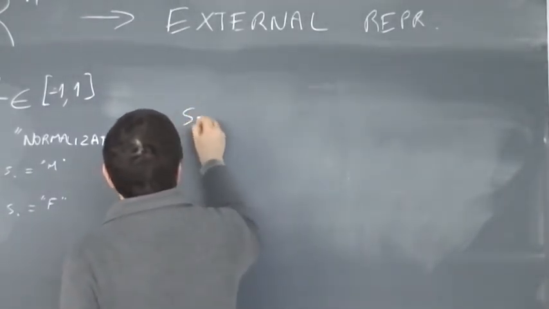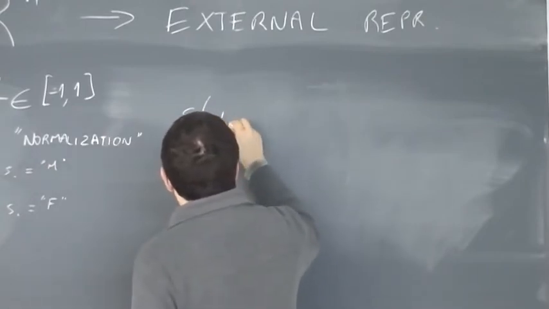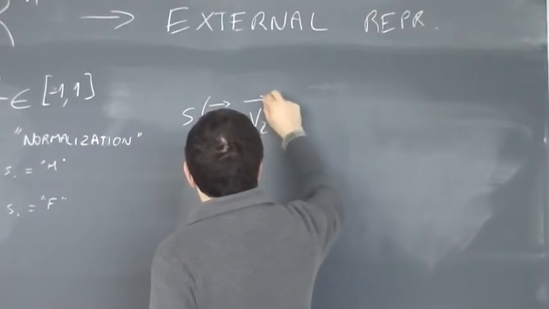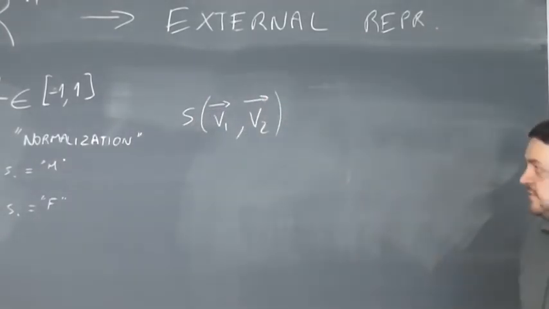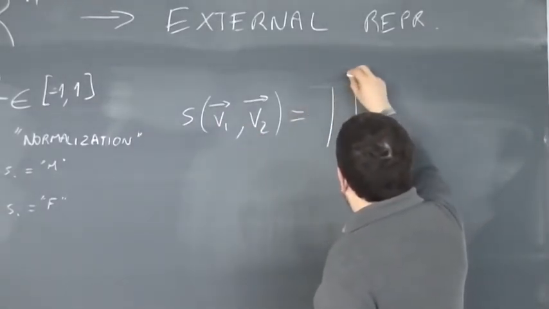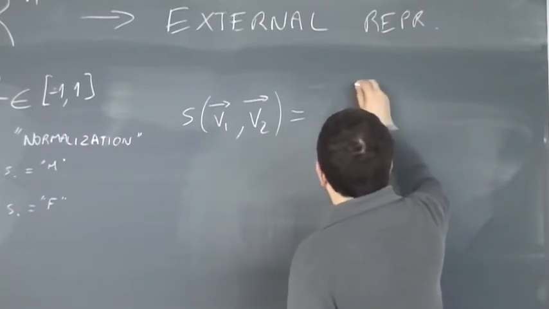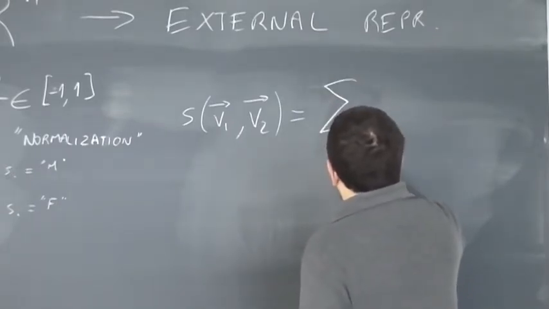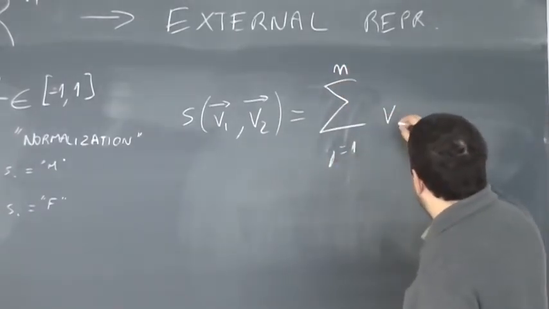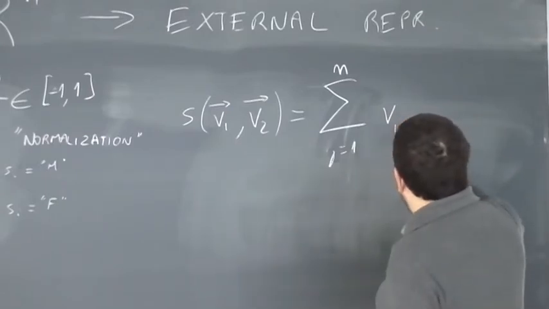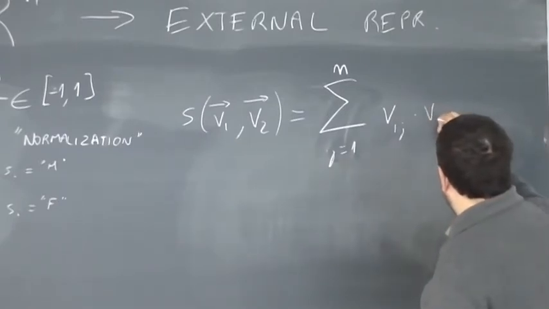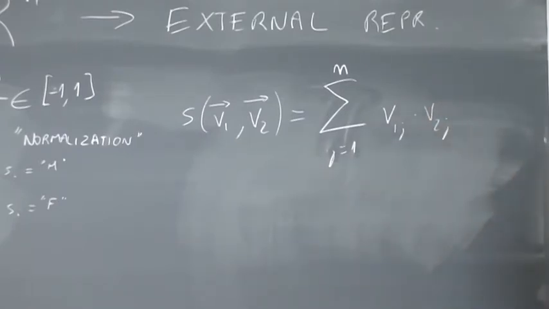we can define a kind of similarity between two vectors v1 and v2 in this representation to be the sum for all features of the product of the jth feature of the first person and the jth feature of the second person.